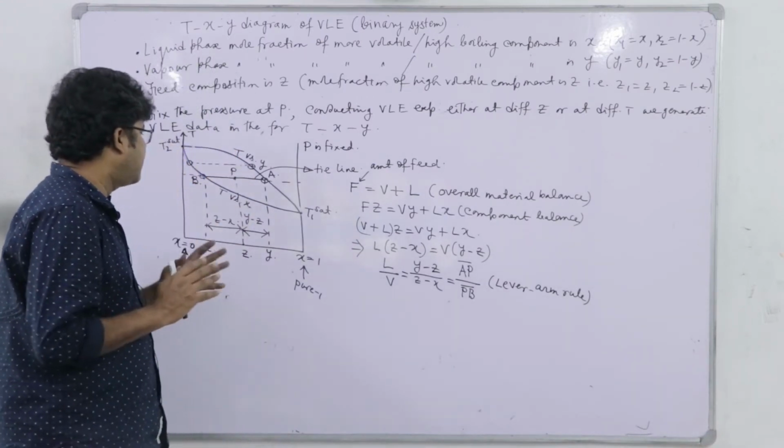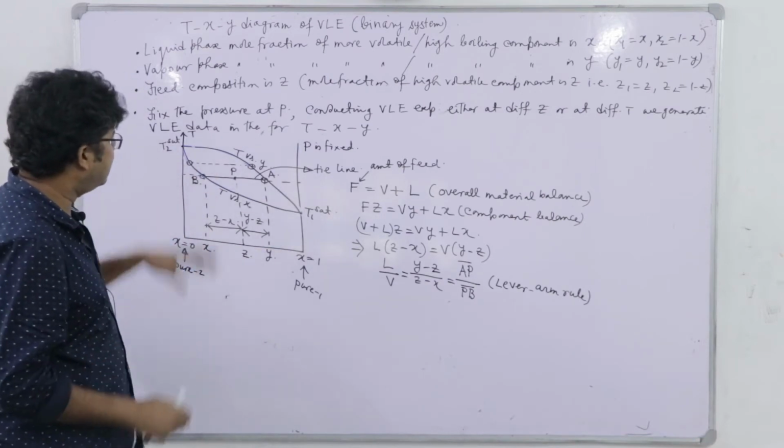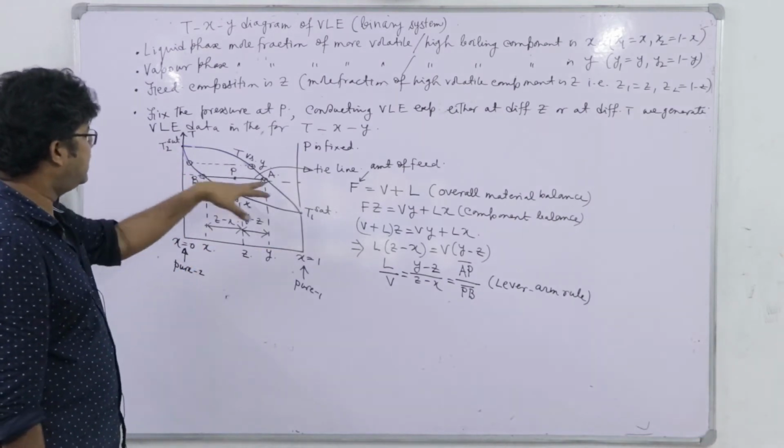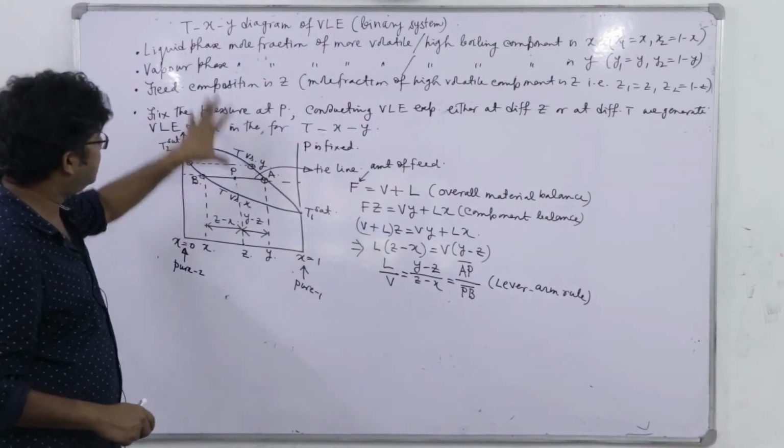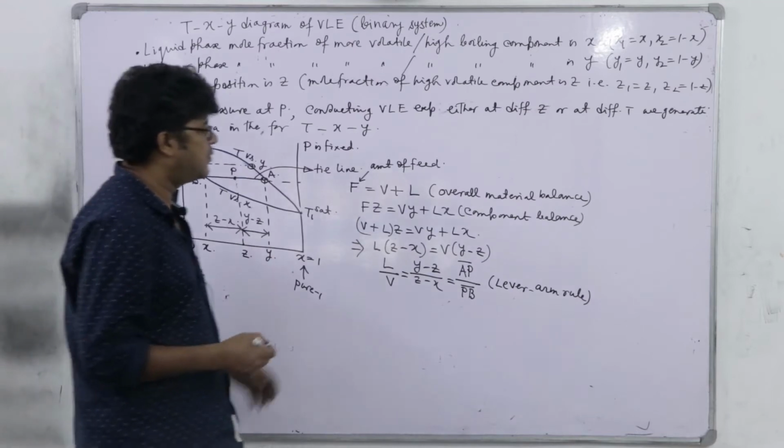So, here we have got this understanding of the lever arm rule and a tie line and the equilibrium between the two phases. Now, you think that there are actually in this graph, okay, let me draw the graph once again.